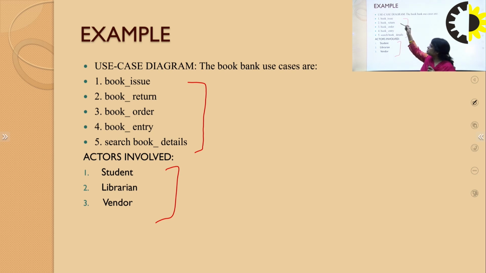These are the use cases: book issue, book return, book order, book entry, search book details. These are the names of the different use cases for the book bank project, and the actors involved are student, librarian, and vendors.